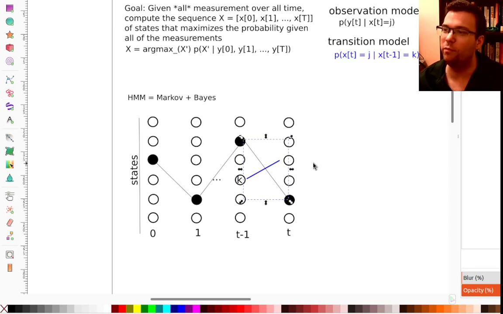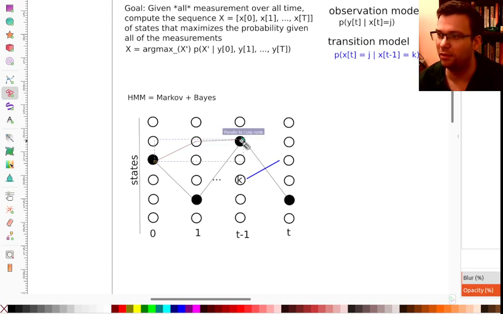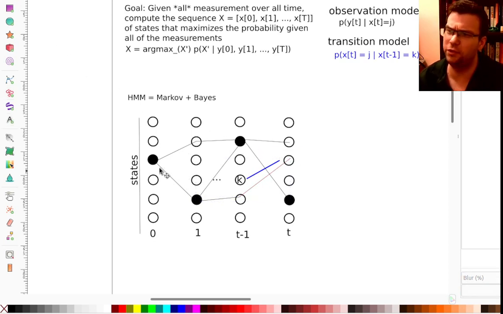But that's only one of many possible paths. I could have branched out in a different direction, maybe gone here, and then here, and then here. Or maybe I did this, but then I changed my mind and went here, and then up here. So there are a lot of different paths.